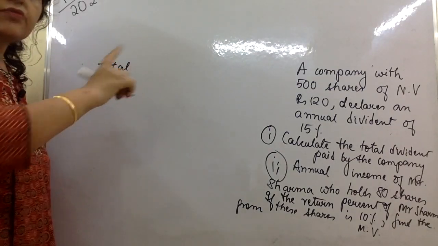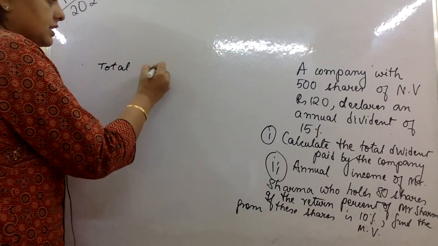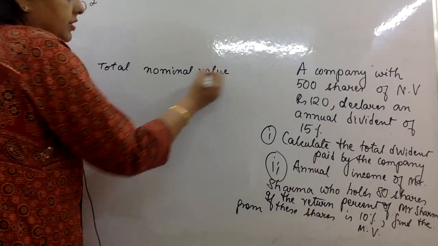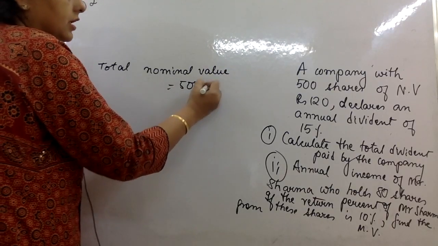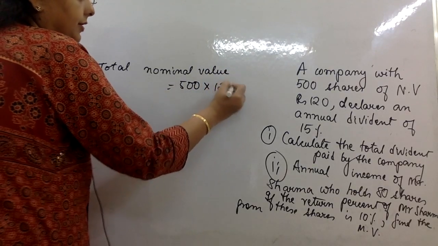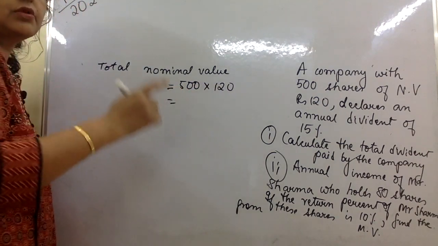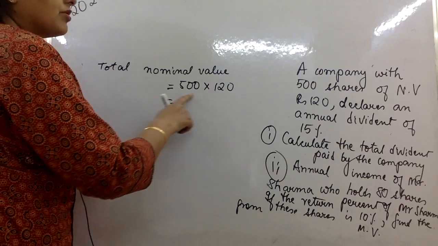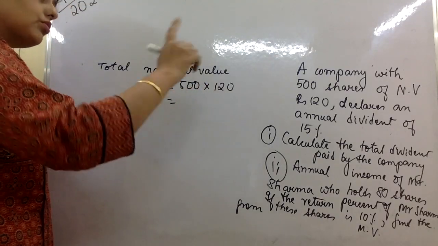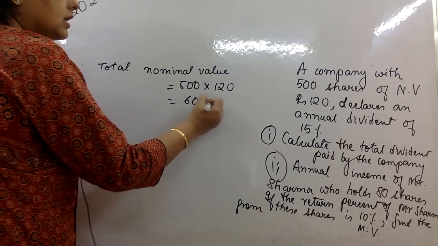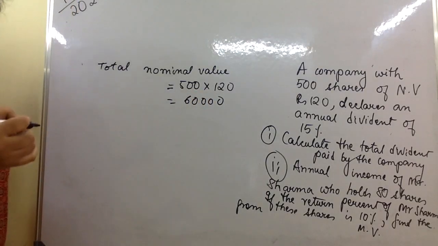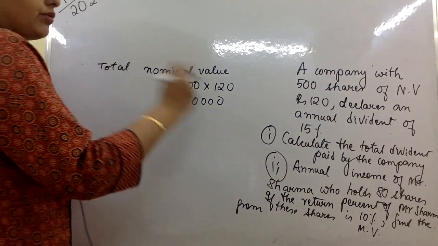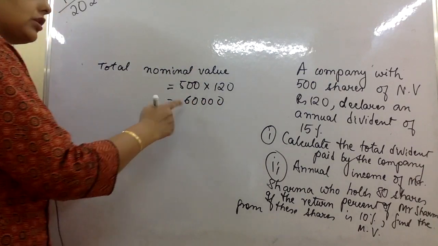There is no requirement of any formula, please understand. Total nominal value is 500 into 120. This is the amount of money that he has sold shares of. So this is 60 and 3 zeros. And now 15% of the total nominal value.